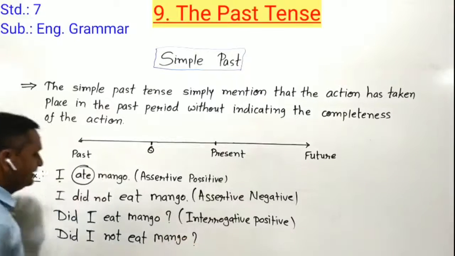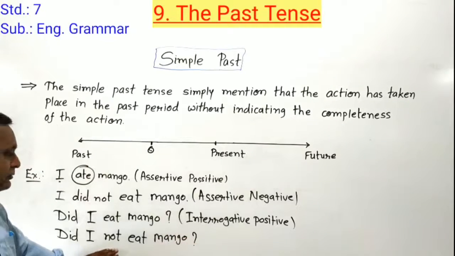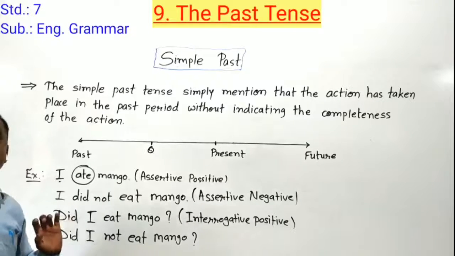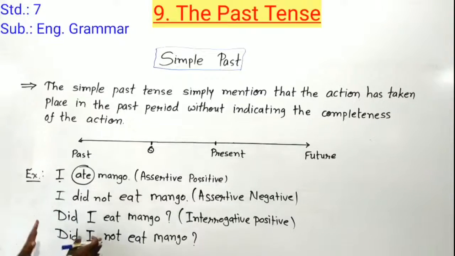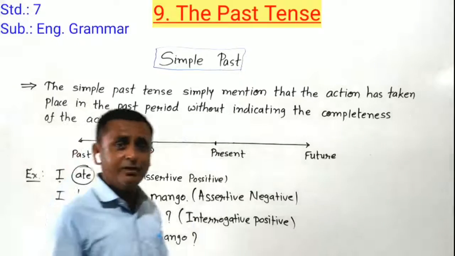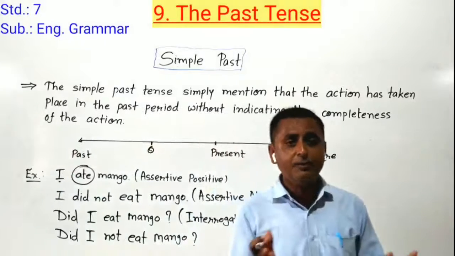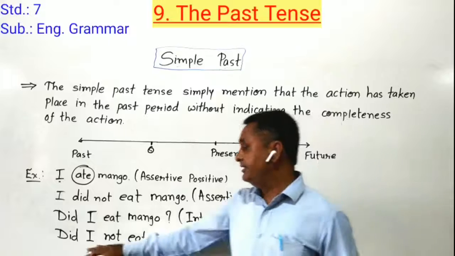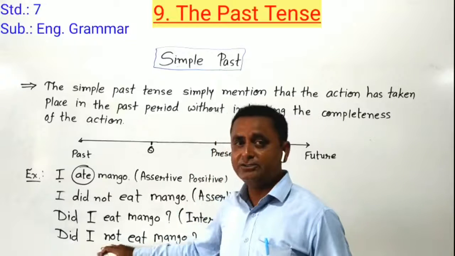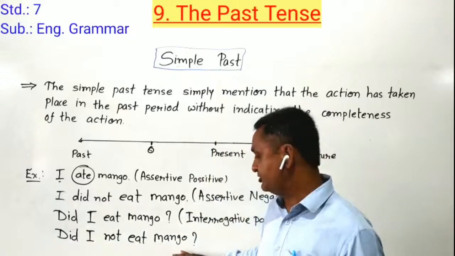With a question mark. So it is converted into interrogative negative form, but without contraction. Contraction means the short form of the helping verb with not. Here I used a different thing, so it is known as without contraction.